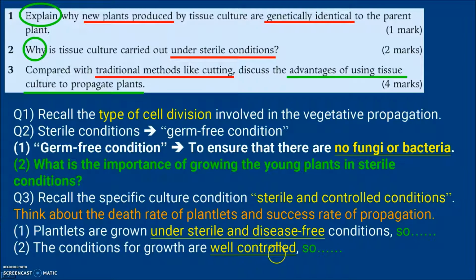They are all well controlled. So you tell me the second sentence to complete the story for me. For 4 marks, I give you 2 marks already. For the 2 marks, I give you 1 mark already. Very sufficient hints for you to think about it.